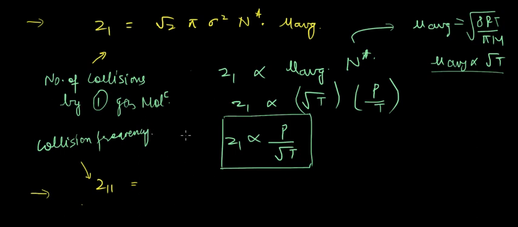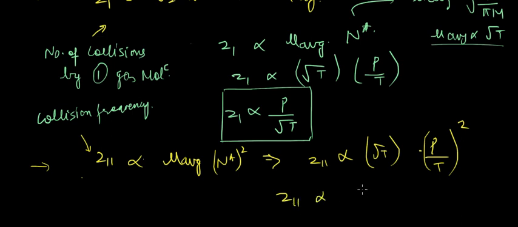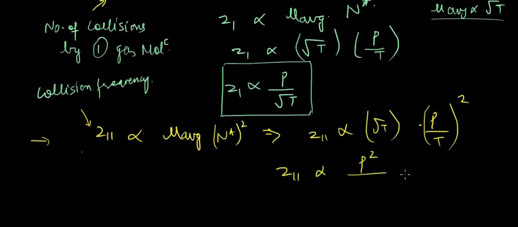It is dependent on U average times n star squared. So Z11 is proportional to root of T multiplied with P upon T whole squared. So we can write Z11 is proportional to P square upon T to the power 3 by 2.